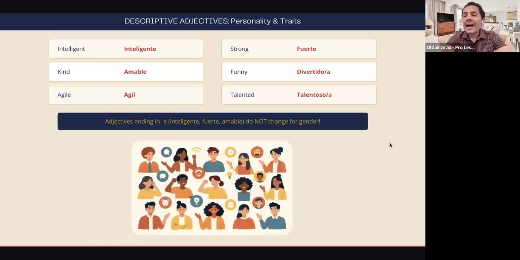All right, we have some more here. Second batch. Let's look at these very quickly. Intelligent, inteligente. Kind, amable. Agile, ágil. Strong, fuerte. And funny, divertido. Talented, talentoso. All right, you got this. How do you say kind in Spanish?